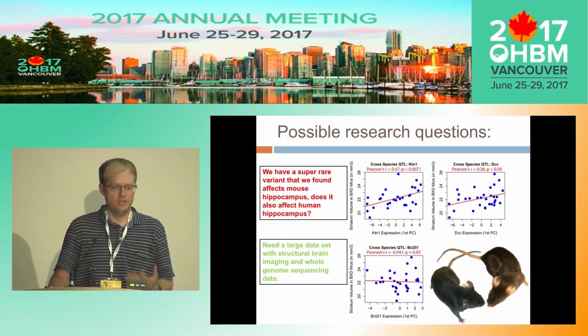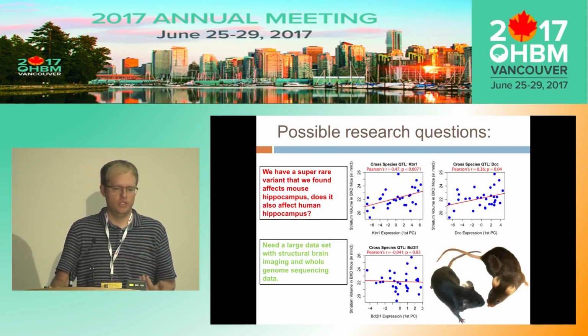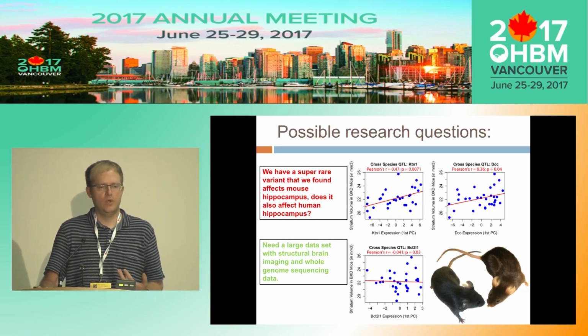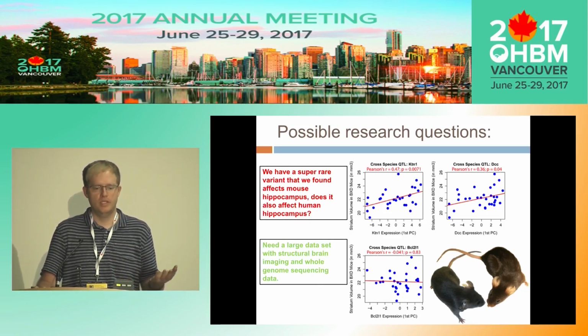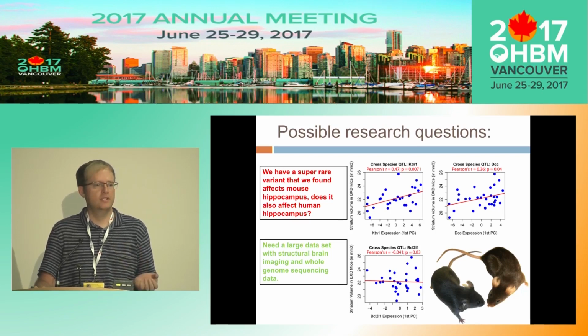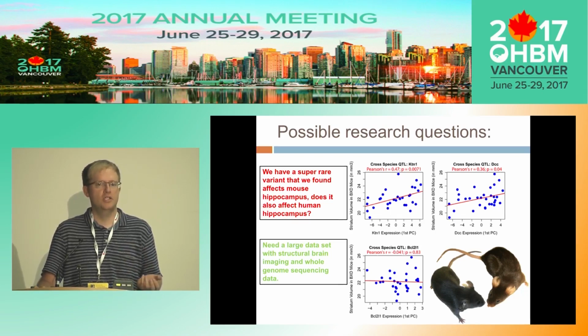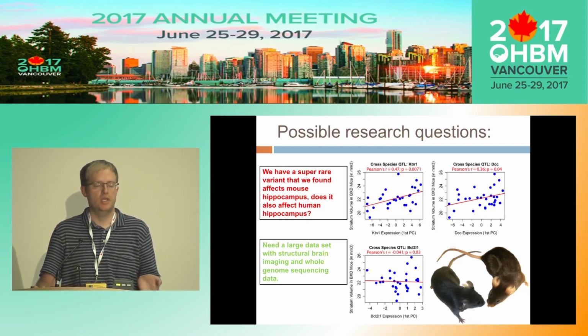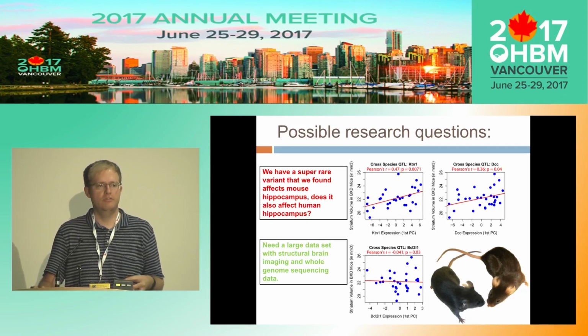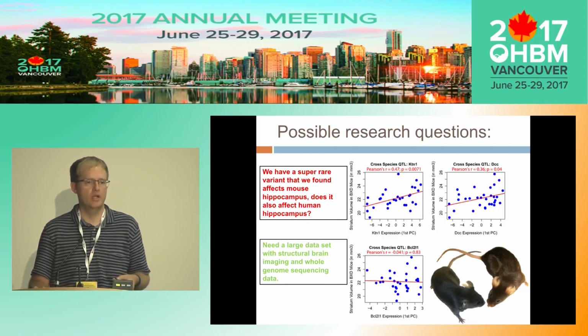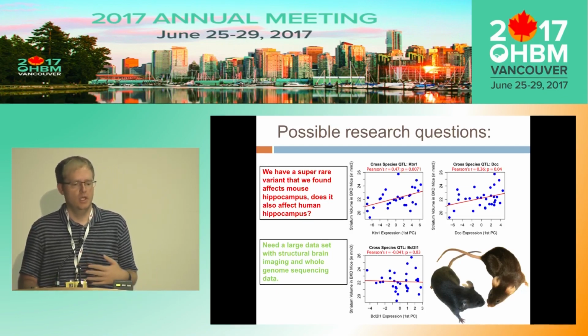So I guess the first research question in general is, what if you have, say, an Alzheimer's disease mouse model, and one of the variants is a missense variant, a missense SNP that influences hippocampal volume. But it turns out that that exact gene variant is very rare in humans.